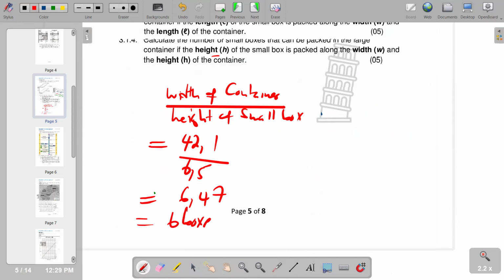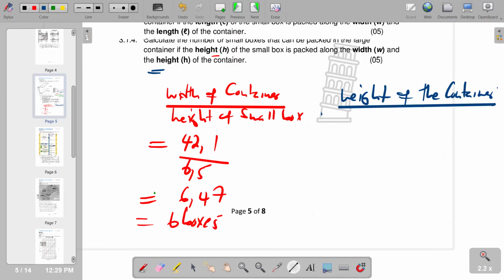Then we go to the other side, where we take the height of the container and divide by the height of the small box.